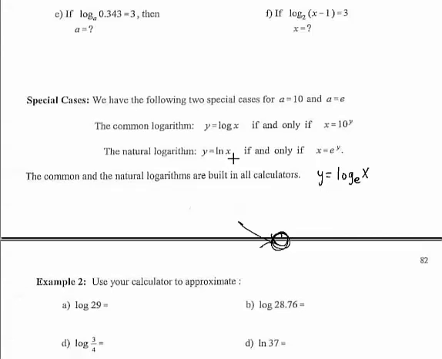So ln of x is the inverse equation of x equal e to the y. Alright, y equal ln x is in a sense the logarithmic format of this exponential equation.